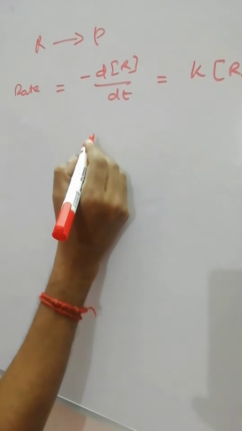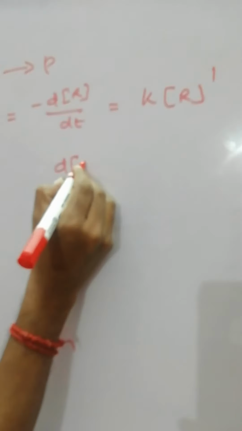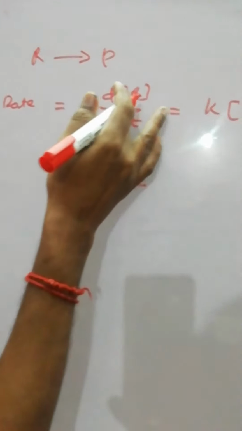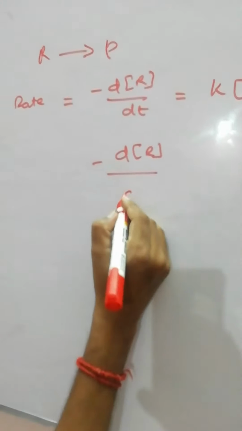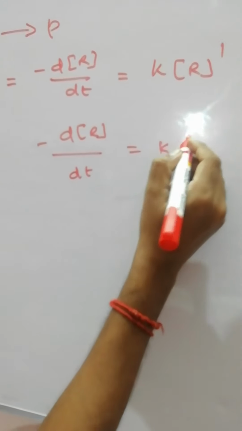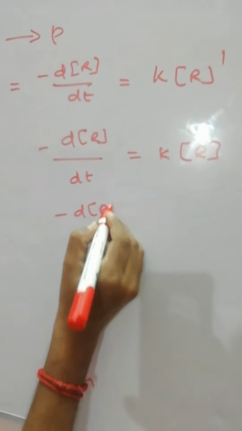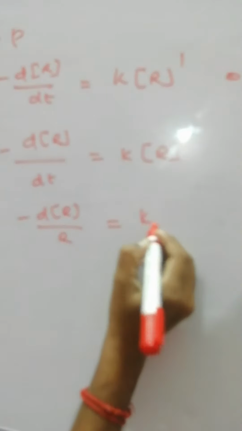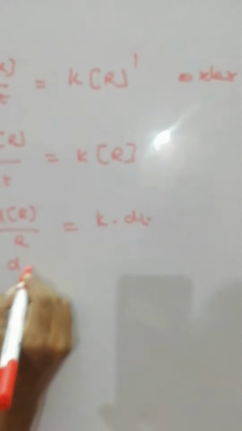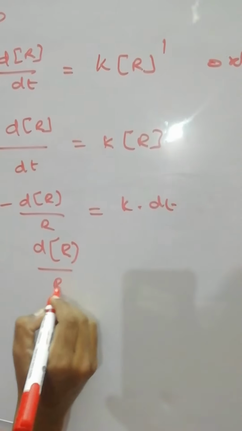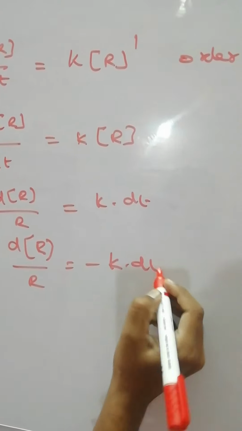This is a first order reaction. Because the reactant concentration is decreasing, that's why we put a negative sign. Minus dR by R equals k dt. Now dR by R equals minus k dt.